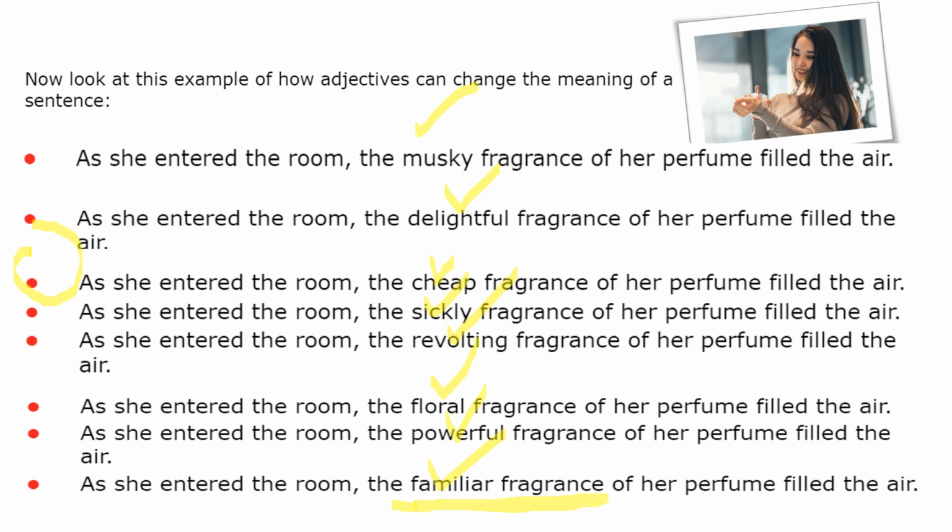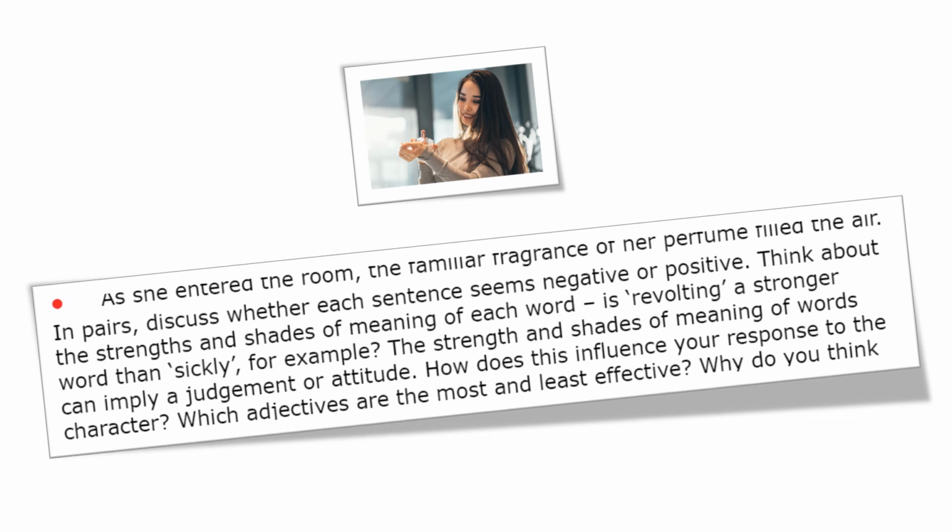So again, I'm trying to tell you that we must look at the writer's use of language. Words can have a negative or positive sense. So we have to see what the different shades of these words are, and then we should decide on choosing our response.